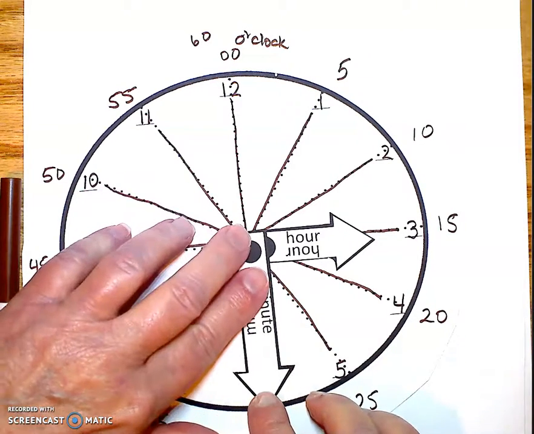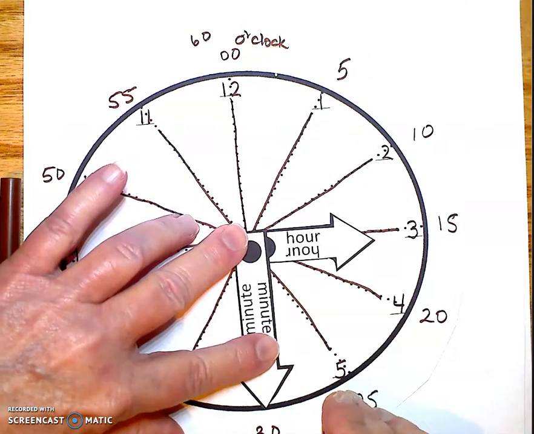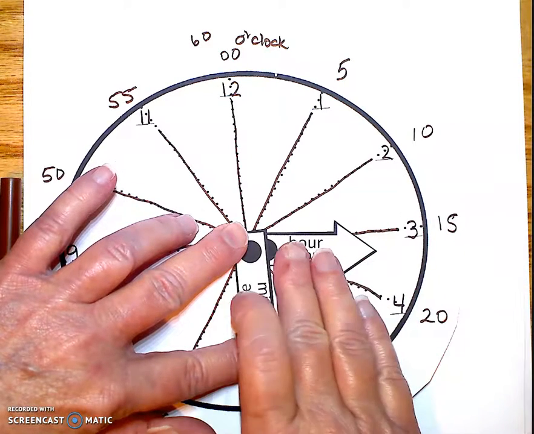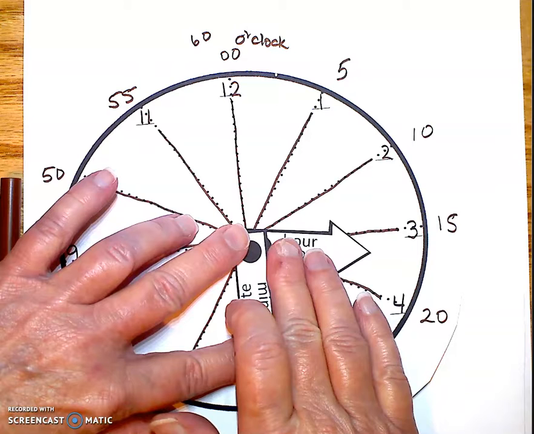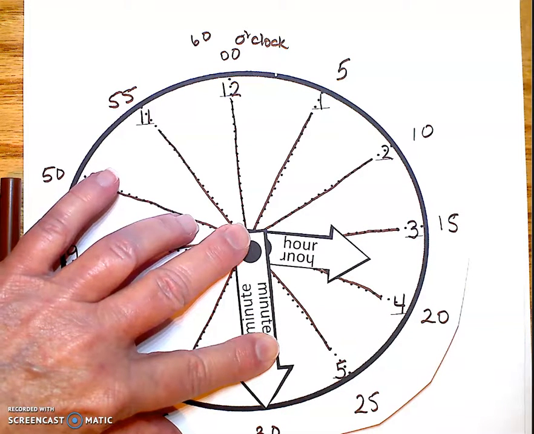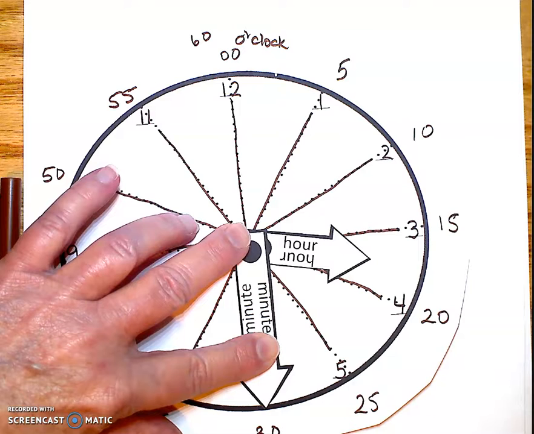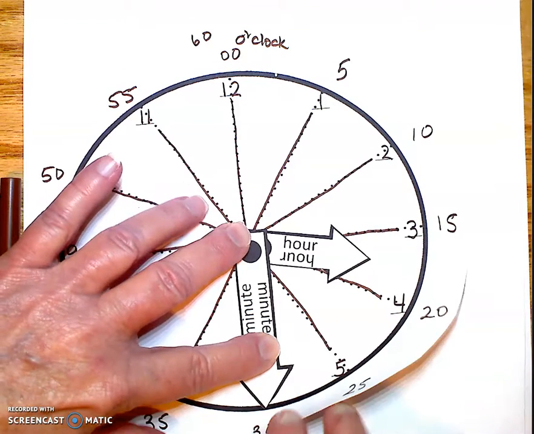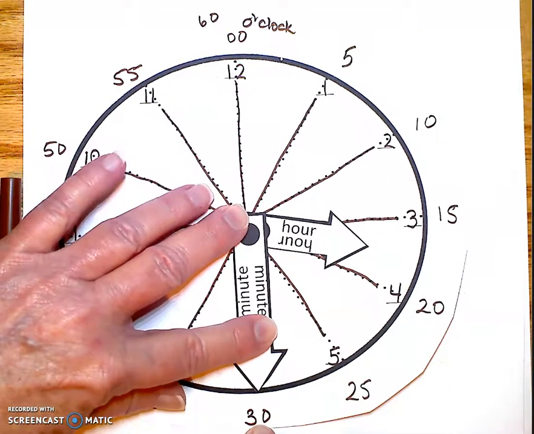Now, if you have an analog clock, you might notice that the hour hand moves about halfway. We say that is 3:30. It is 3:30.